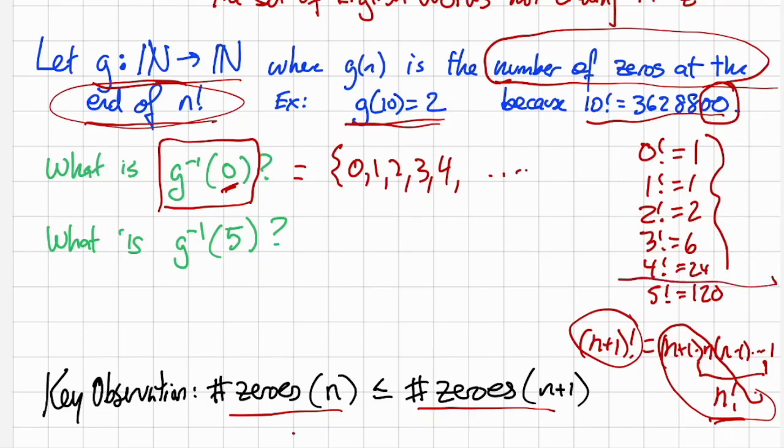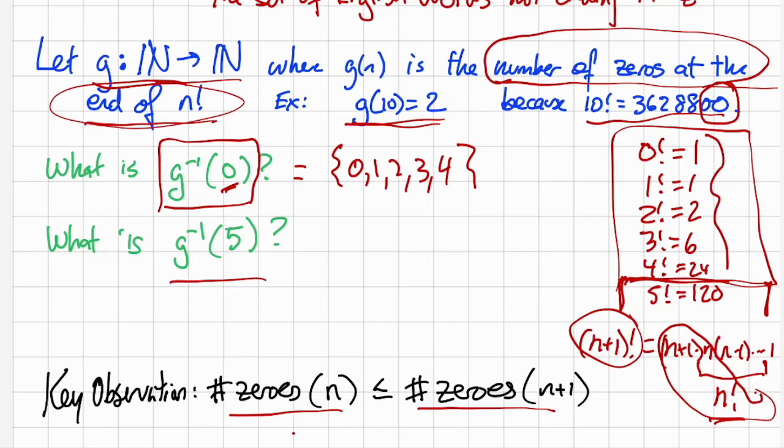We've found 5 values of n where n factorial has 0 zeros at the end. And there can't be any more because everything after 5 factorial is going to have at least 1 zero. And so in fact, the pre-image of 0 under g is equal to the set {0, 1, 2, 3, 4}.